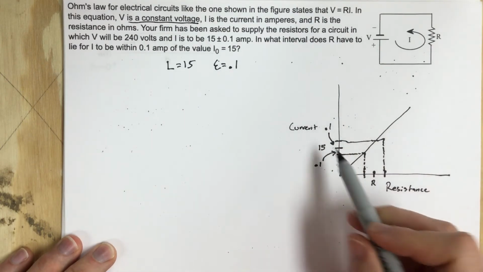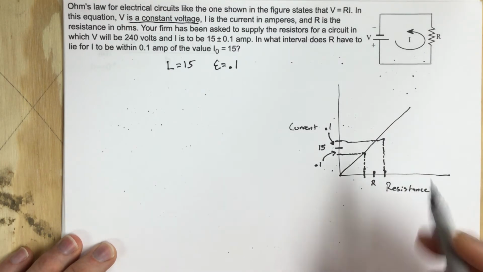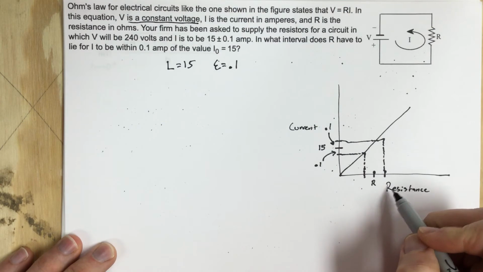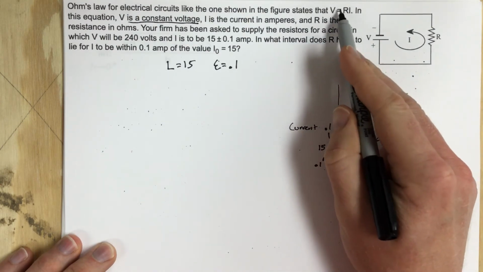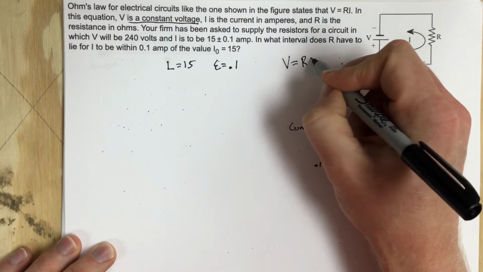Because this graph is current versus resistance, and we're essentially going to be finding resistance values, we want to rearrange this equation V equals IR, or RI in this case.